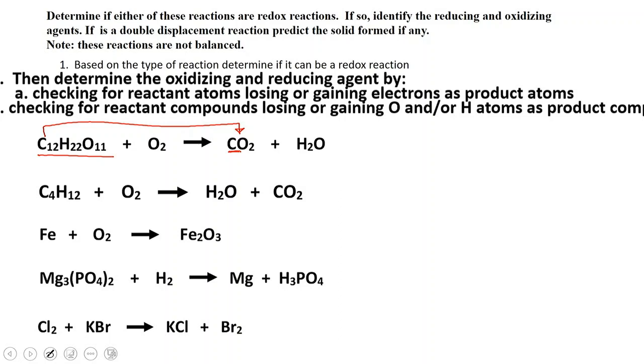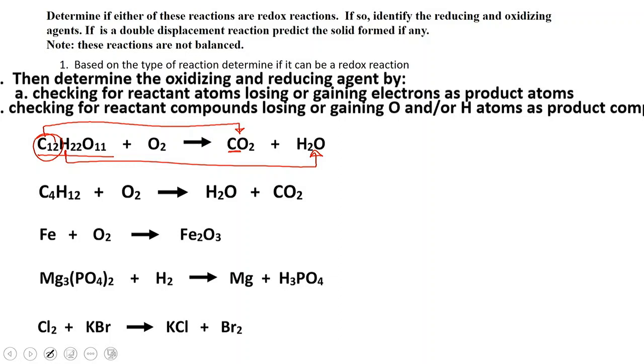We've got these hydrogens here that are generally attached to oxygen atoms. And when we look here on the other side, it's also attached to oxygen atoms. But what is different? Notice that carbon loses a bunch of hydrogens and oxygens in order to become CO2.